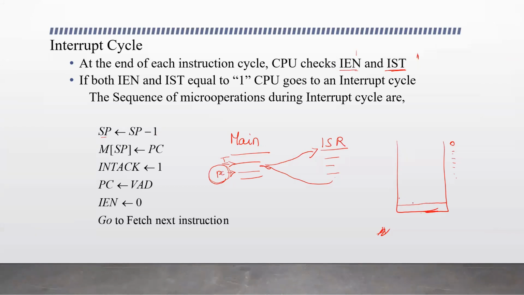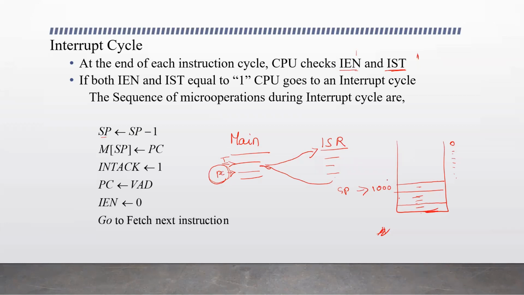When it is decremented, let's say the memory stack has some data already. We are at location 1000, and this is the top value. To store the PC, the stack pointer needs to be decremented. SP, the stack pointer, is pointing to the top of the stack.